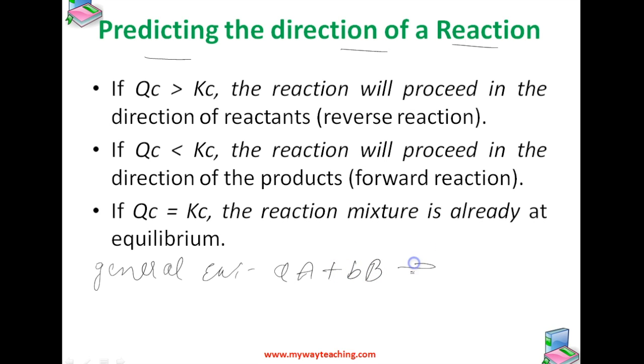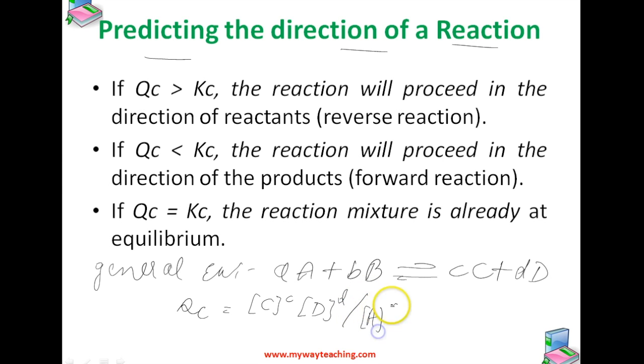Then Qc is equal to the product concentrations divided by the reactant concentrations. After considering this general equation, now if Qc is greater than Kc, Kc is nothing but the equilibrium constant. And what is Q?